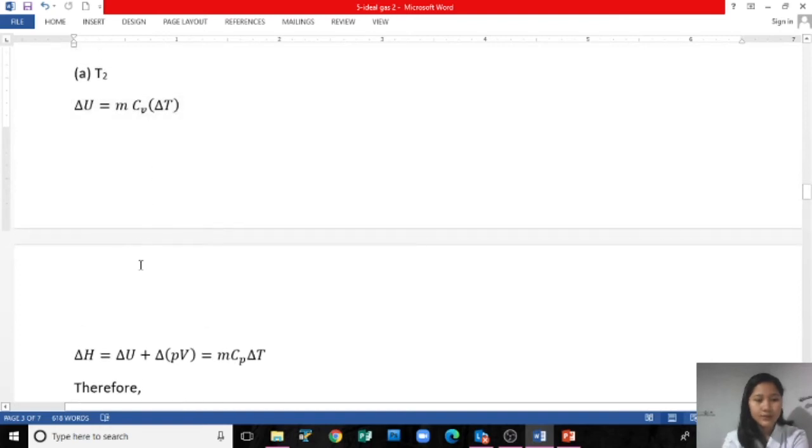Then we're also going to use the formula of delta H, or the enthalpy.